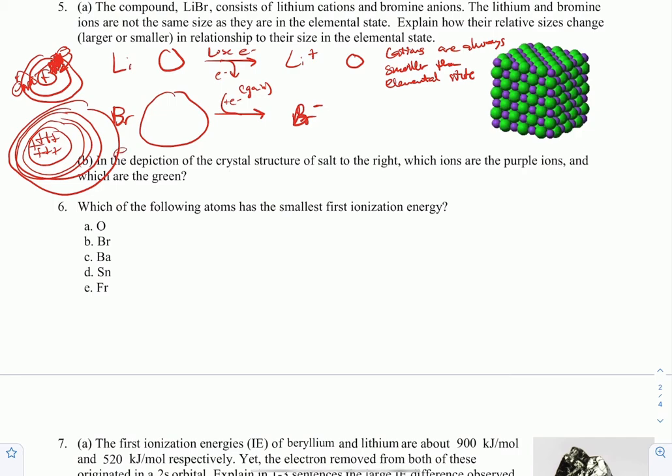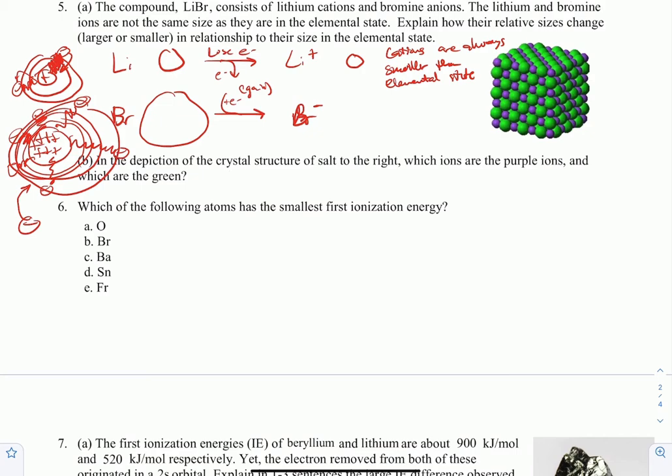But on these outermost electrons out here, we're now adding another electron into it. So now the pull that the nucleus was feeling with each one of the electrons in the valence shell for bromine is now distributed amongst more electrons, and so each pull is weaker on each individual electron.